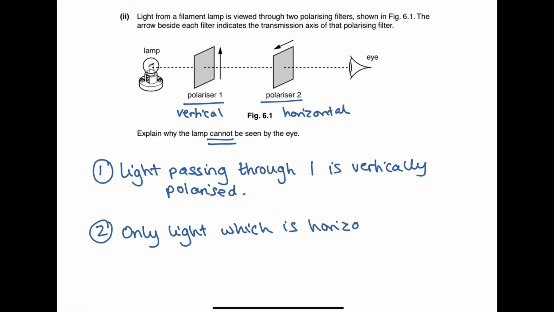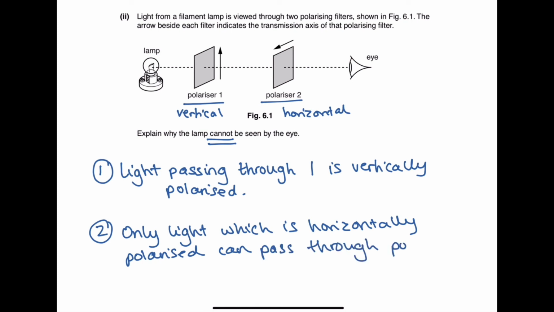This light is then incident on the second polarizer. However, only light which is horizontally polarized can pass through this second polarizer. And because none of the light incident on this second polarizer is vibrating in the horizontal plane, no light will be able to pass through this polarizer and no light will enter your eye.